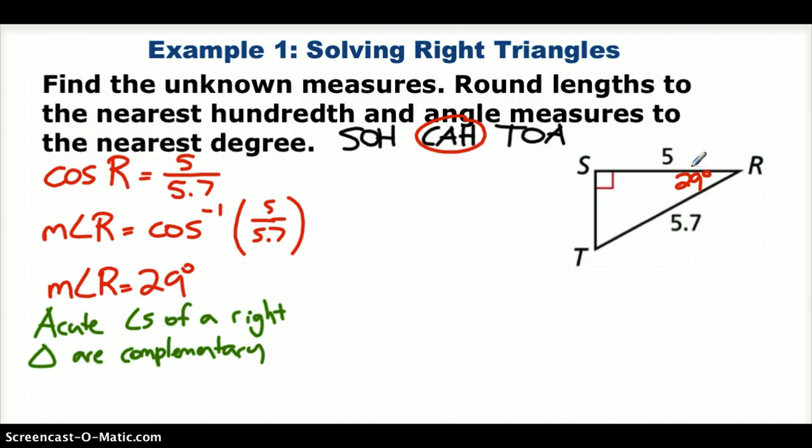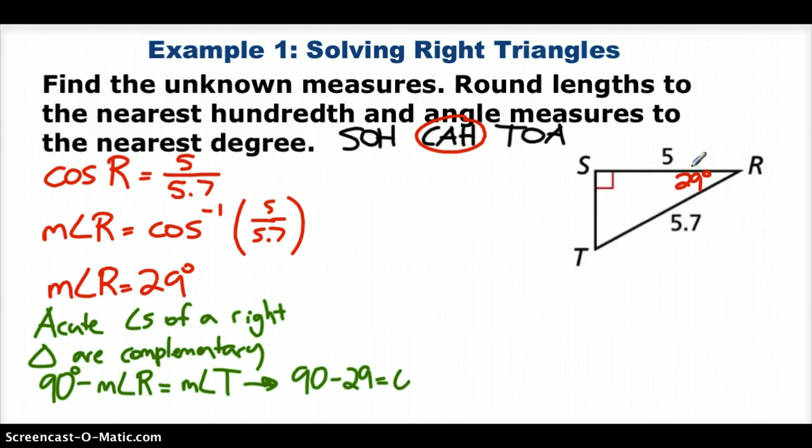So that would mean that if I take 90 degrees and I subtract the measure of angle R, that would give me the measure of angle T. So if I took 90 minus 29, that would give me 61 degrees. So I'm now going to say that the measure of angle T equals 61 degrees. Okay, so there's one answer. I suppose I forgot to circle my other answer.